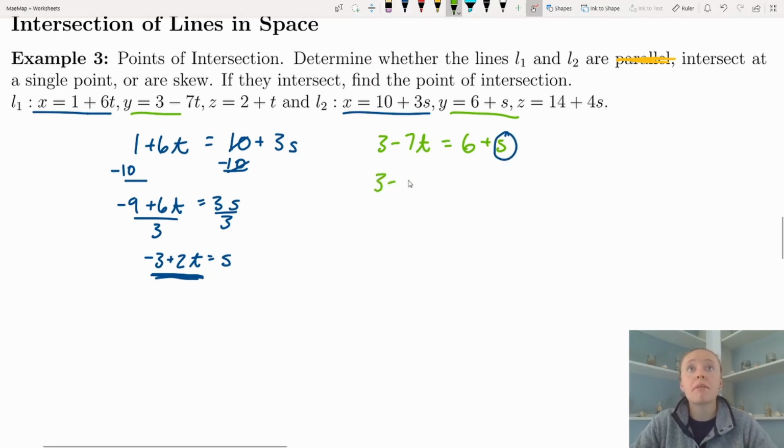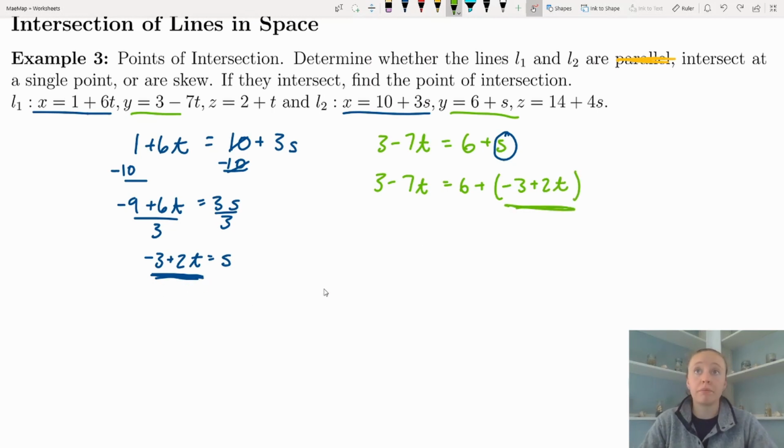So I'll get 3 minus 7t equals 6 plus negative 3 plus 2t. Because again, that's what s is equal to. So simplifying this down, 3 minus 7t equals 6 minus 3, which is 3, plus 2t. So now you can see that if I subtracted 3 from both sides, I'd get that negative 7t is equal to 2t.